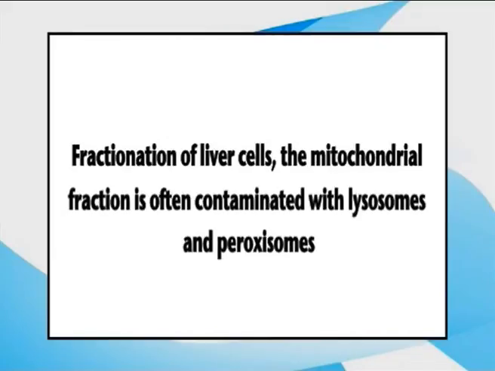The fractions prepared by differential centrifugation are not pure. Each fraction is enriched with particular component, but it inevitably contains significant proportions of other organelles as well. For example, during fractionation of liver cells, the mitochondrial fraction is often contaminated with lysosomes and peroxisomes.